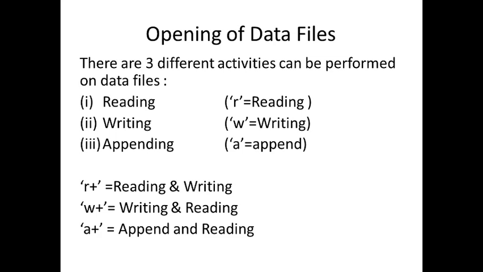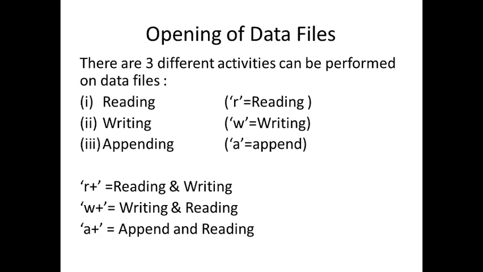Now, before discussing how we can open a file, we should know what different operations we can perform on a file. So basically there are three different operations we can perform on the file. First one is reading, another one is writing, and third one is appending.